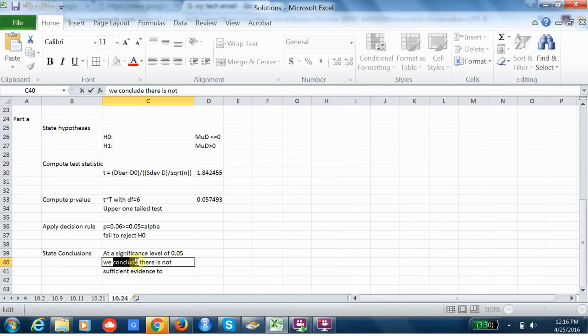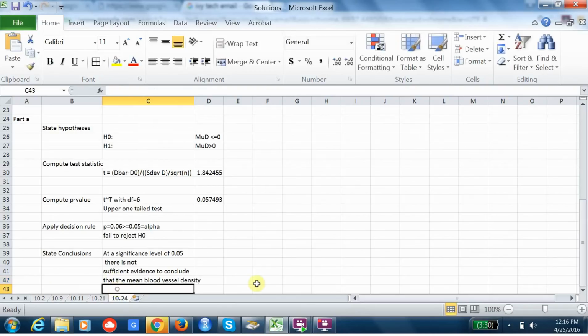And I don't like to have two concludes. So we could say that we determine, well, we could just say there is not sufficient evidence to conclude that the mean blood vessel density before treatment is higher than after.